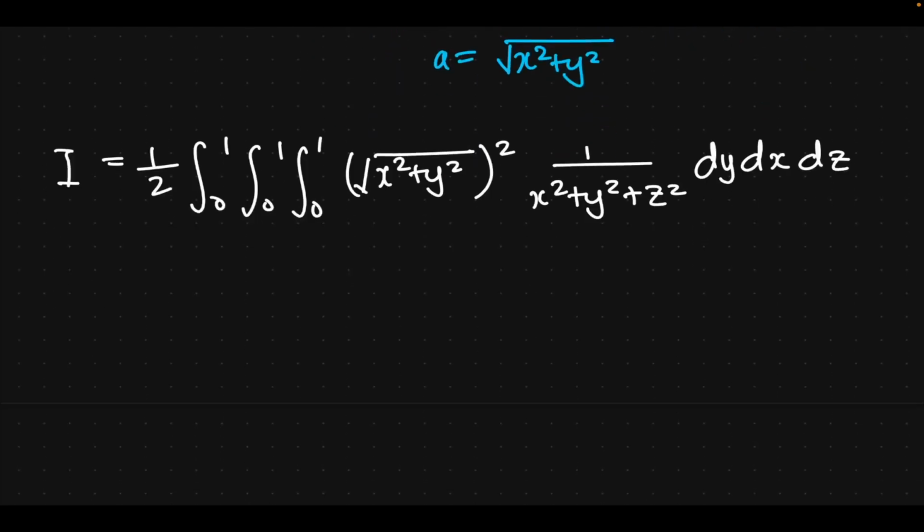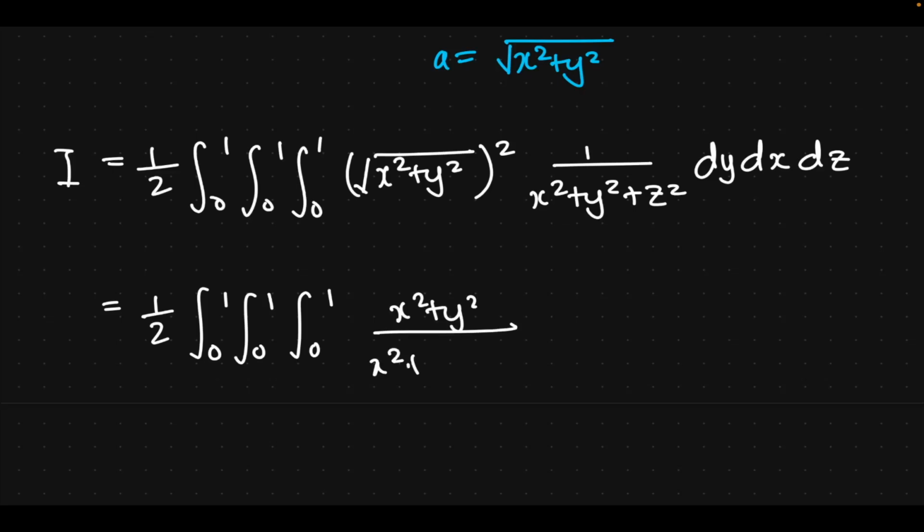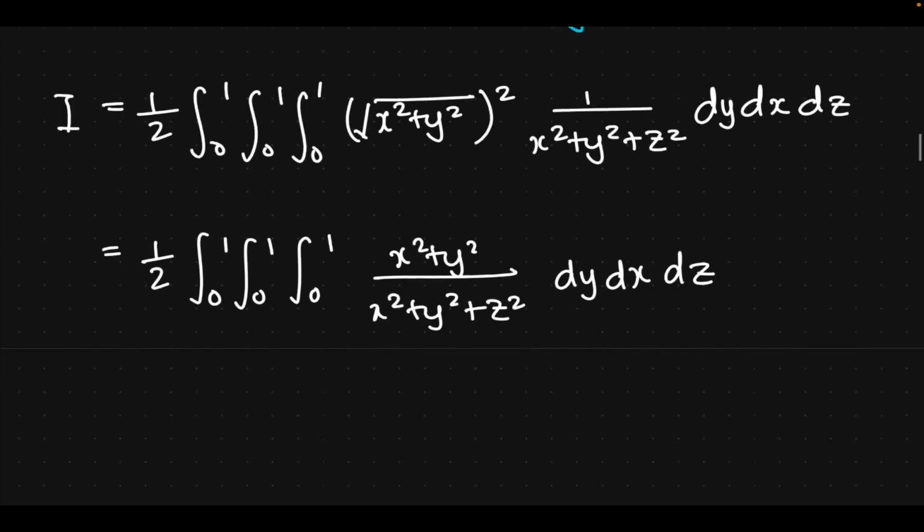As brilliant, we can simplify. We get x squared plus y squared over x squared plus y squared plus z squared dy dx dz.